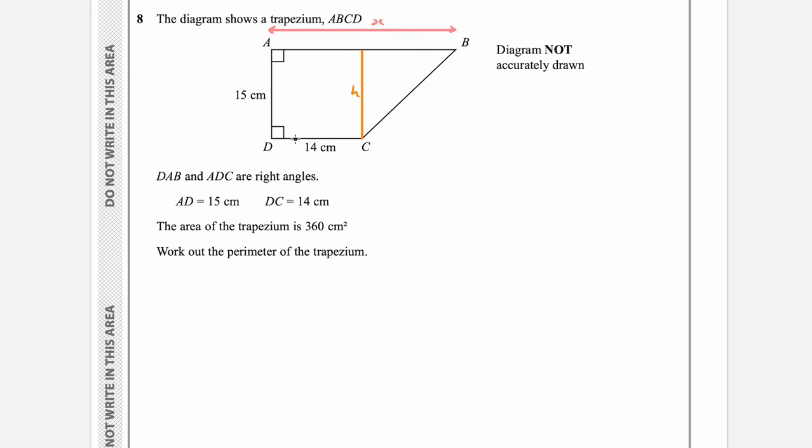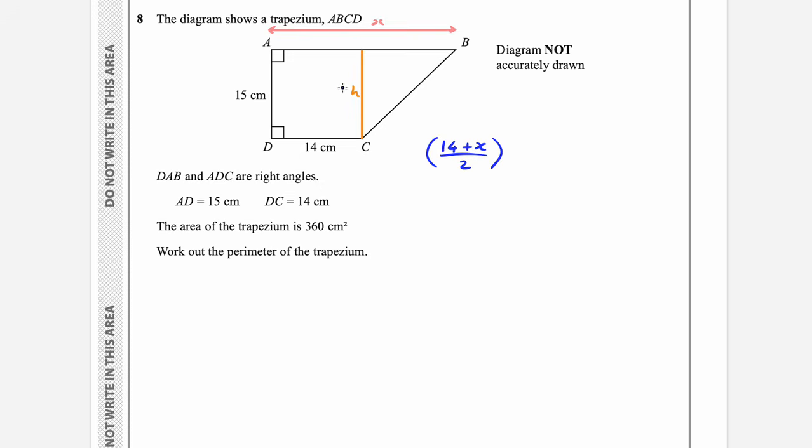We can find this using the area, because the area of a trapezium, which is in the formula sheet, is the sum of the two parallel sides, which is this x and the 14. So it's 14 plus x divided by 2 times h.